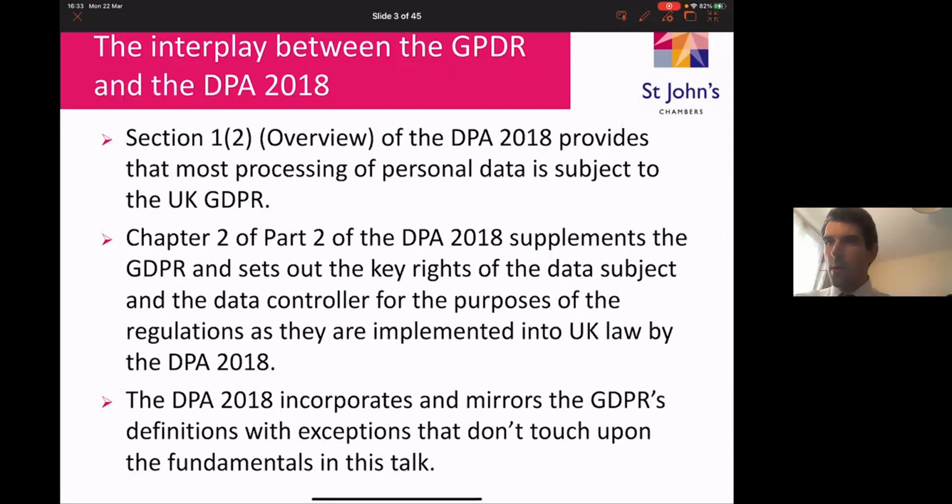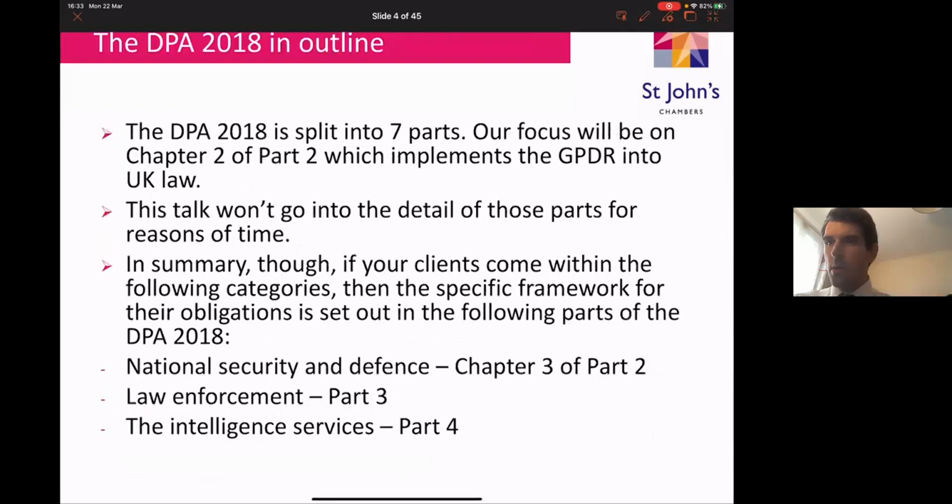And the Act mirrors and incorporates the GDPR's definitions, save with some exceptions which you don't need to know about for the purposes of this talk. And the Act itself is split into 7 parts. Our focus is going to be, as I said, Chapter 2 of Part 2.